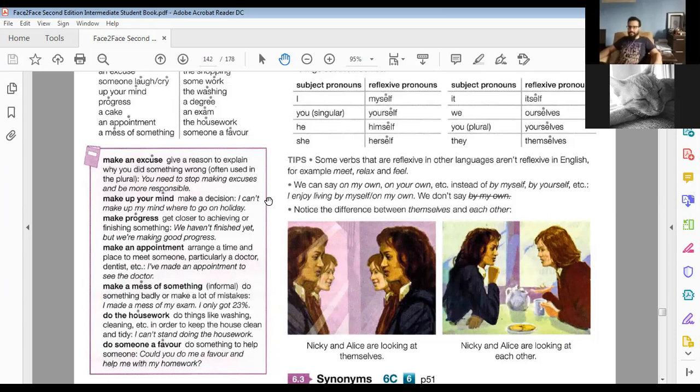Okay, so what do you think? What's the difference? What's this? There's something here. What is this?